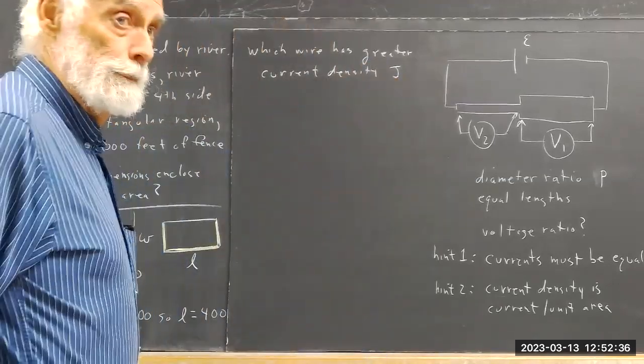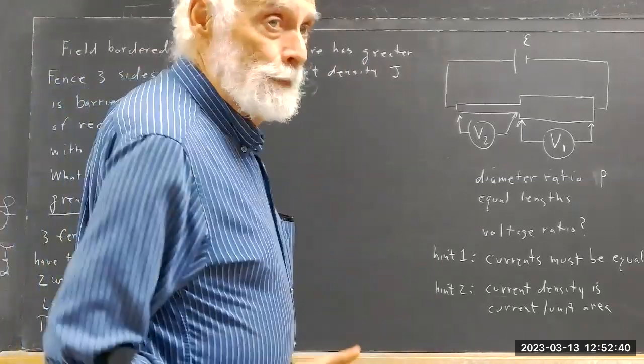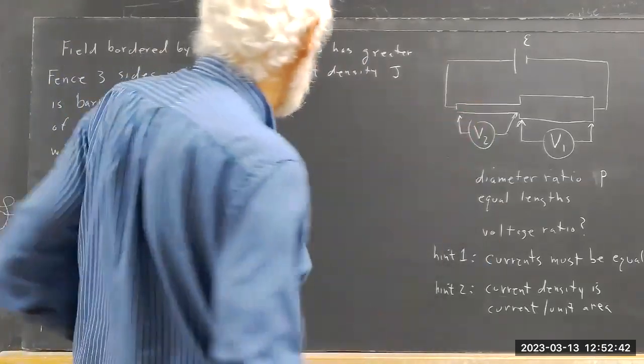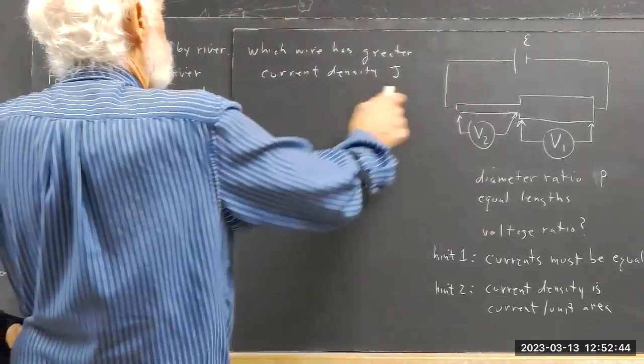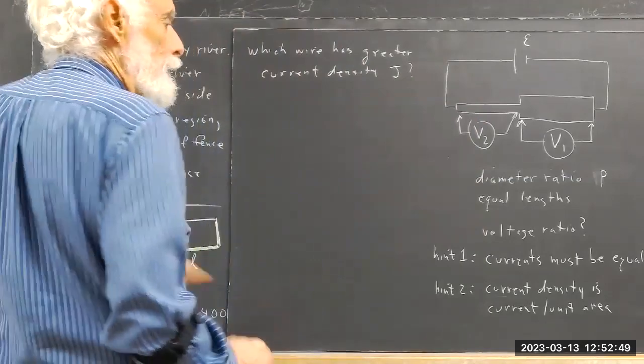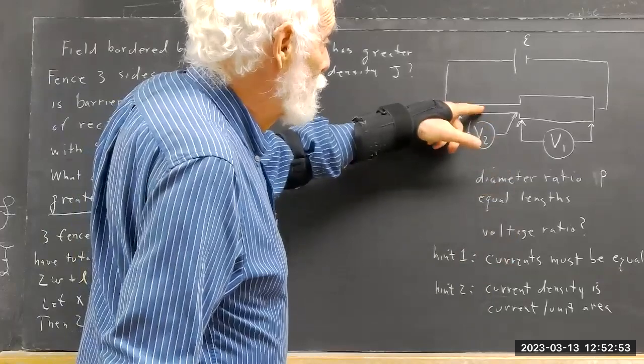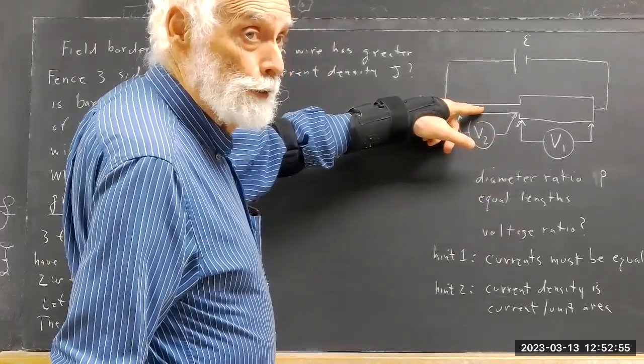Current density here is just the magnitude of the current density vector; the direction of the vector is obvious in this case. Well, the current's got to be equal. The thinner wire is going to have the greater current per unit area.